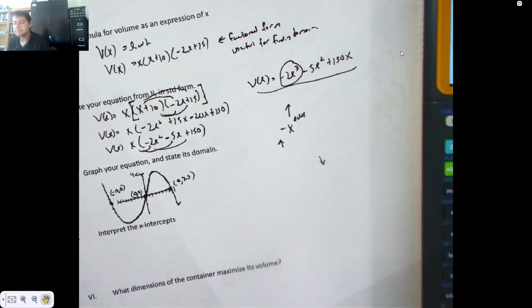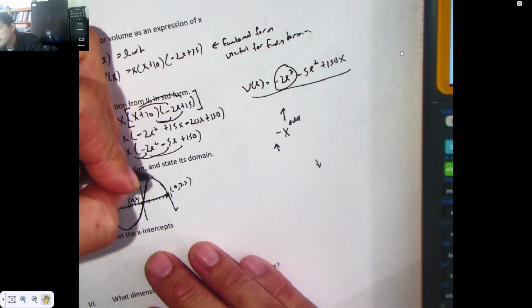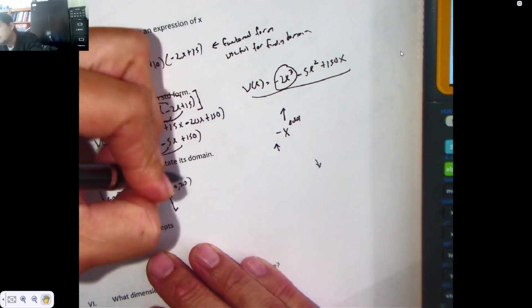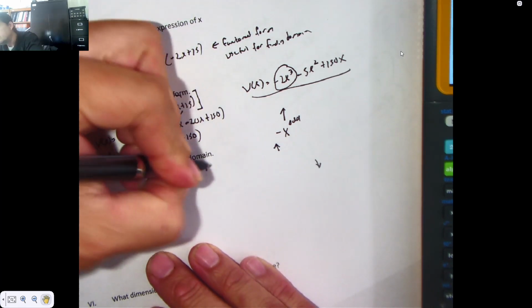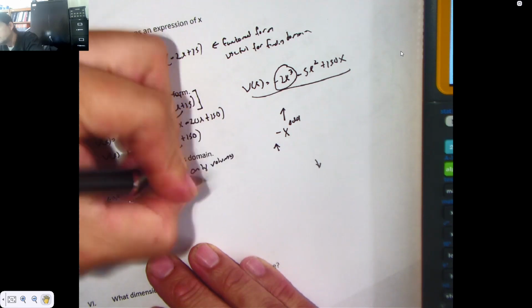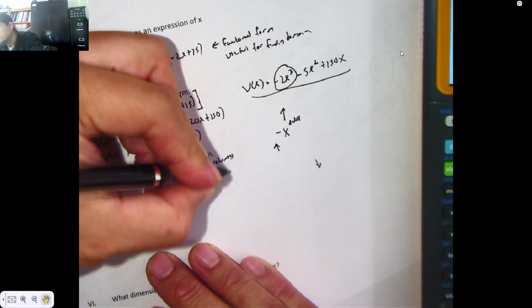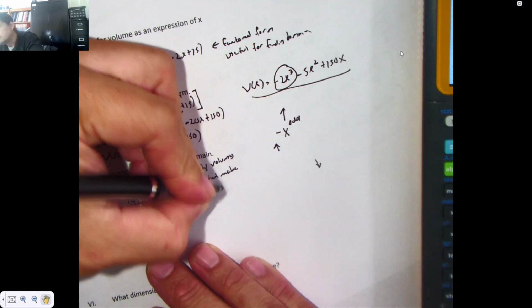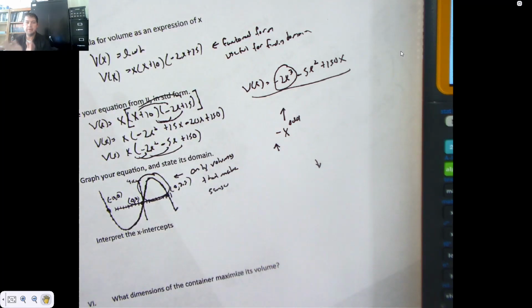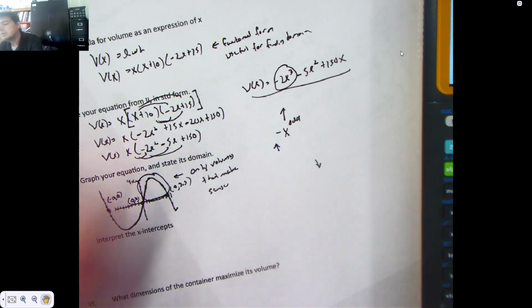State its domain. The only thing that makes sense is this area. These are the only volumes that make sense. Because there volume is positive and there the x value is also positive. You can't have negative lengths. So these are the only volumes that make sense.